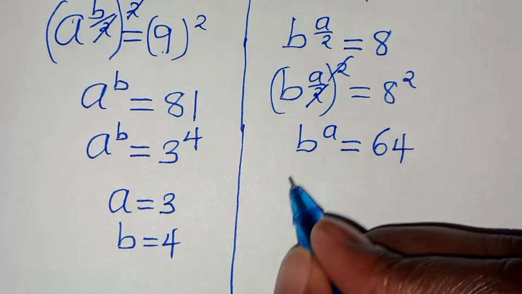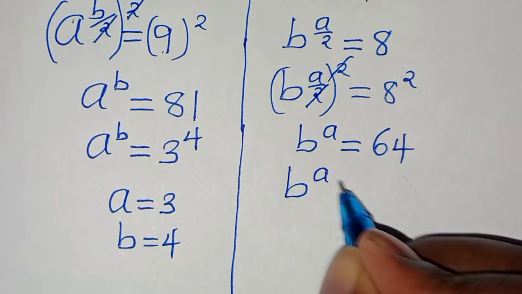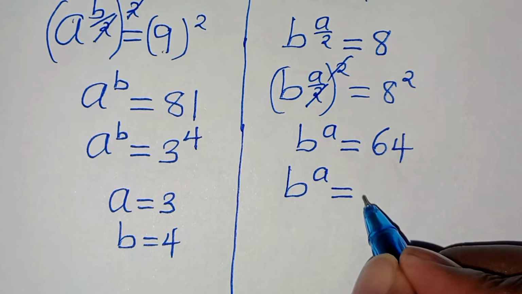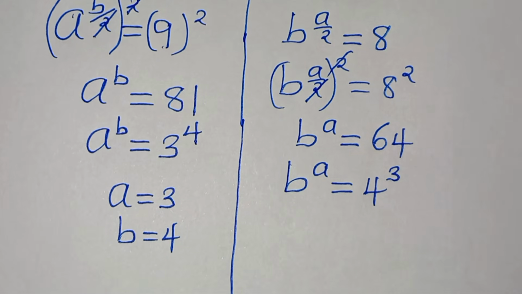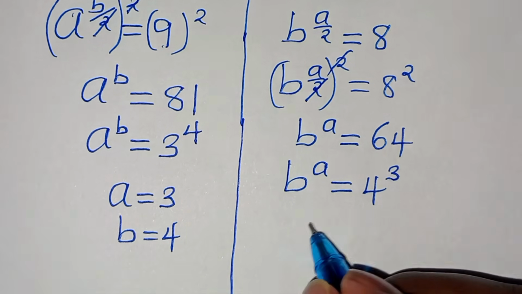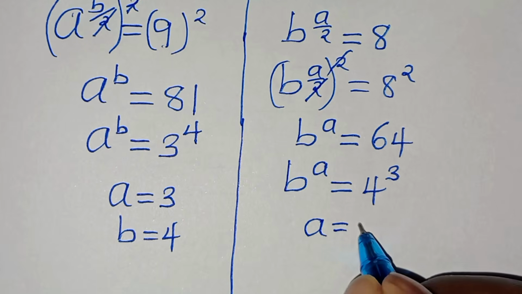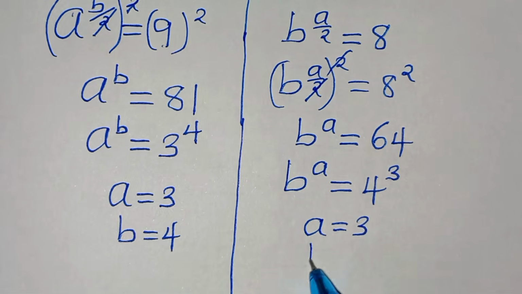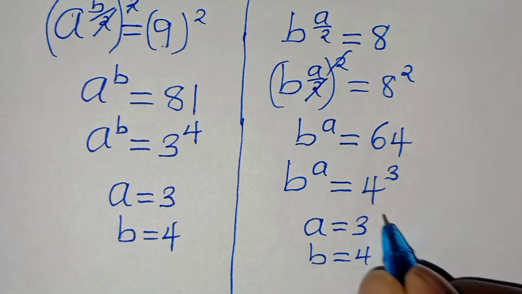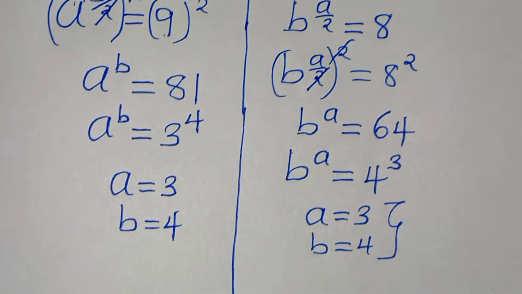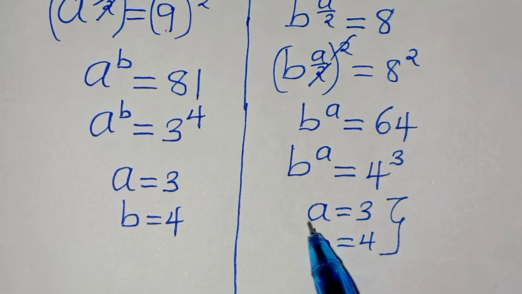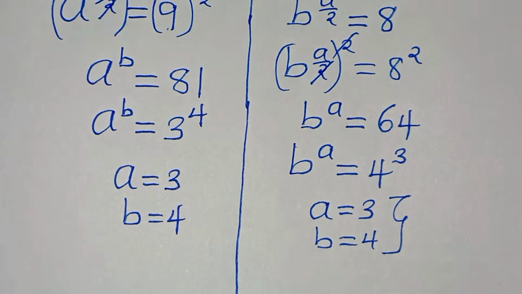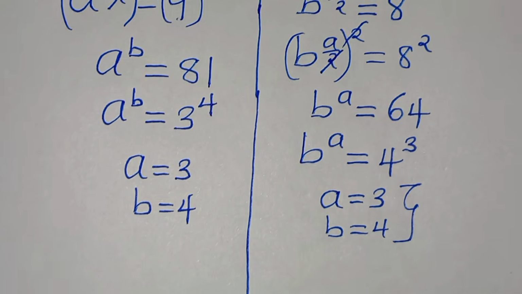So b to the power of a is 64, which is 4 to the power of 3. This again confirms that a is equal to 3 and b is equal to 4. So we have the values of a and b. The next step is to verify that these values satisfy the equation.